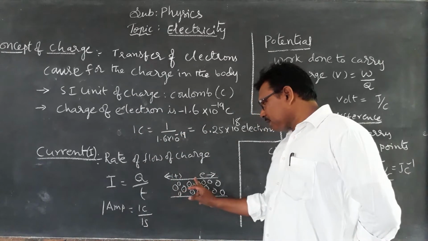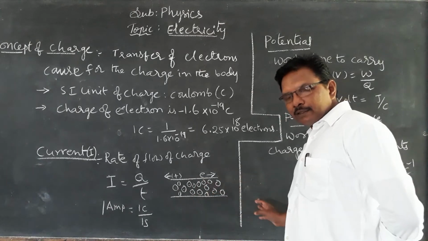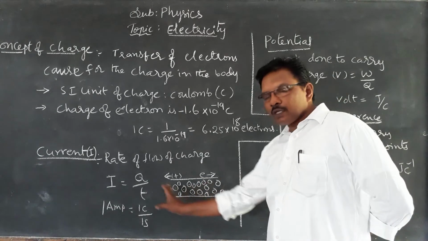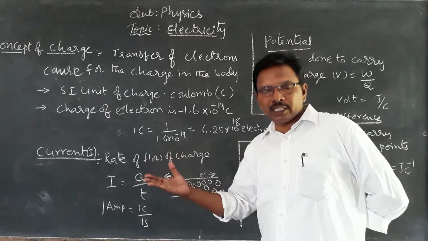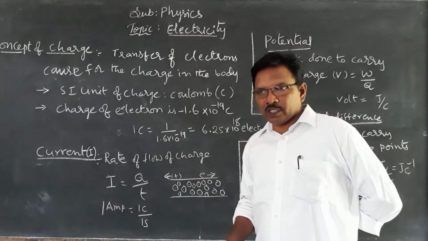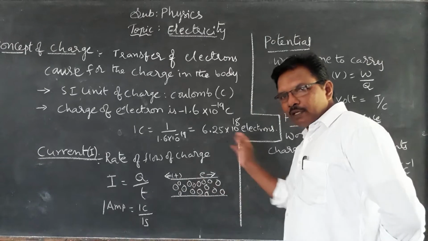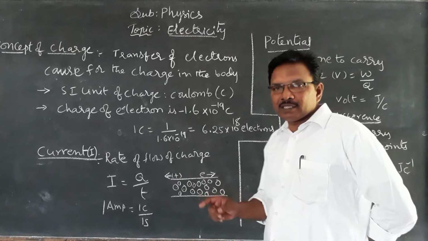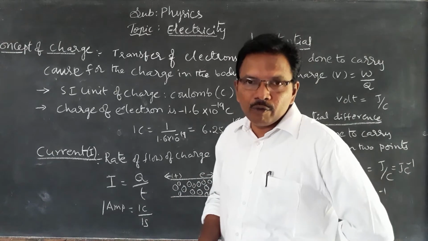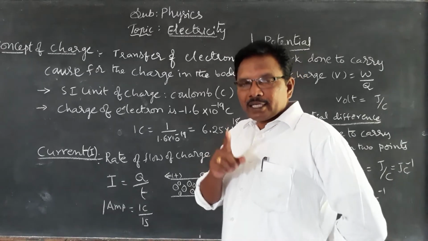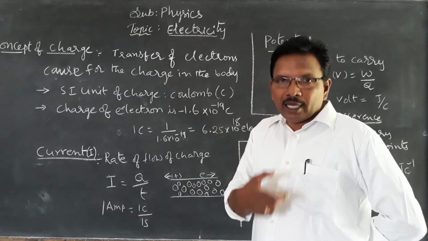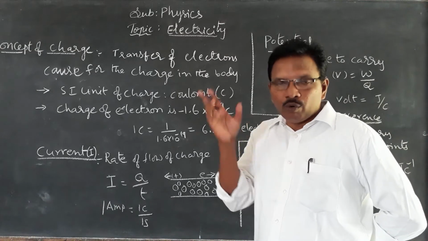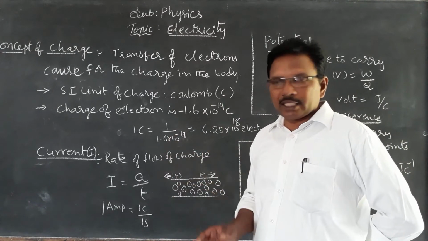The electrons are moving in one direction because of the battery. The battery gives some energy to the electrons to move in one direction.